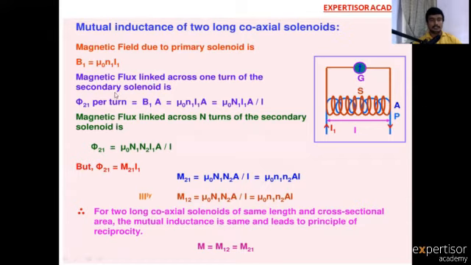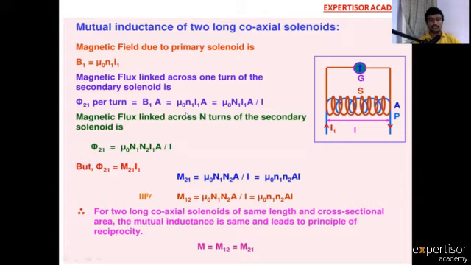Next, the flux in the secondary coil is equal to B1 into A, where A is the area of the solenoid, and B1 is mu naught n1 I1.